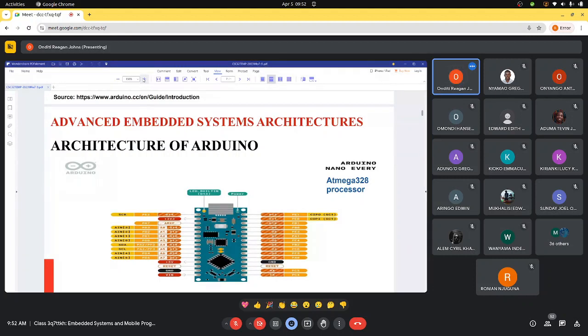And from this architecture, you'll be able to see a few things, which we're going to look at in detail. You'll be able to see the pins on this side, and subsequently, the additional pins on this other side. So we are going to see how to interact with these pins.